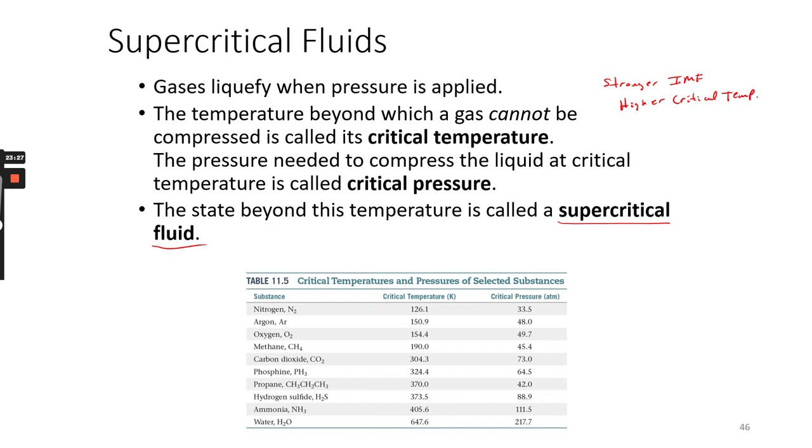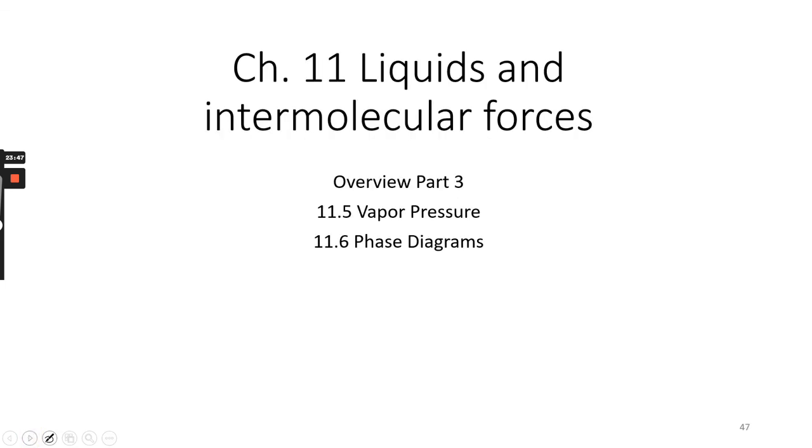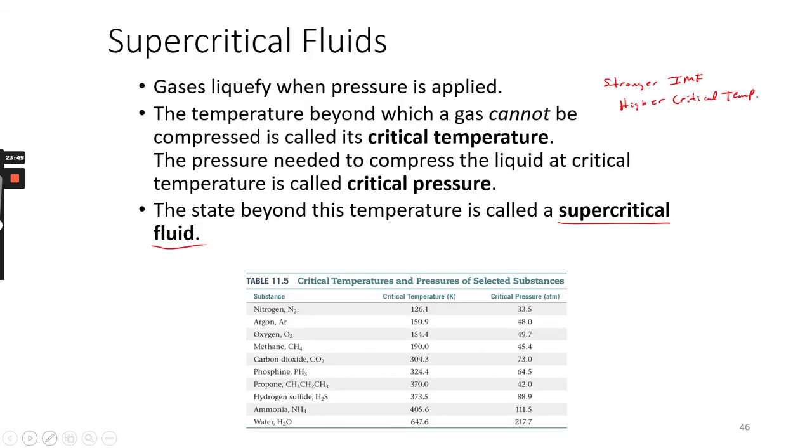And you can see that here because nitrogen is a nonpolar gas and its critical temperature is 126. Water, hydrogen bonding, its critical temperature is 647. So, higher intermolecular force, higher critical temperature. And that is the end of overview part 2.